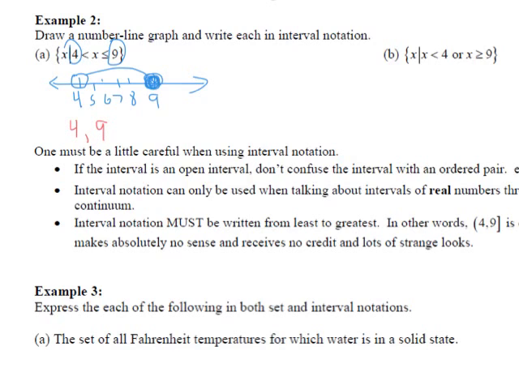And then to express whether we include it or not, to not include is a soft parenthesis, and to include is a hard bracket. So this is called interval notation.